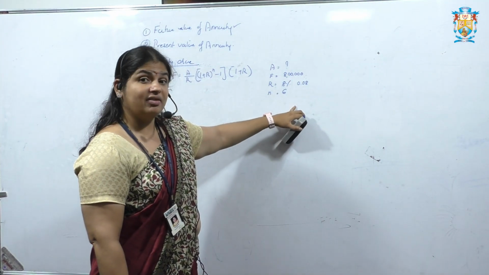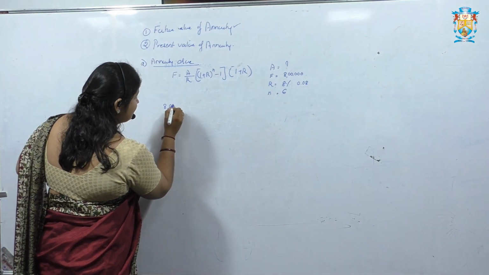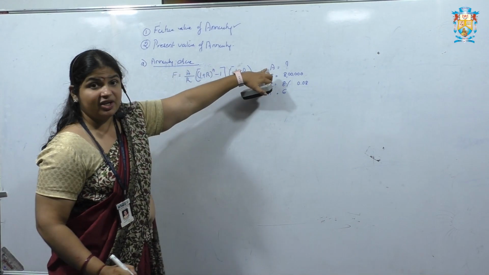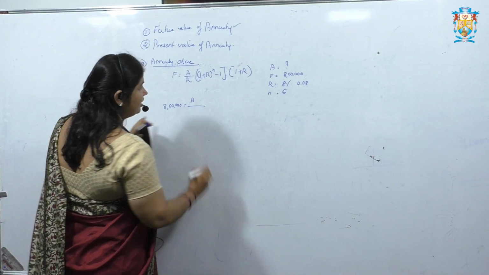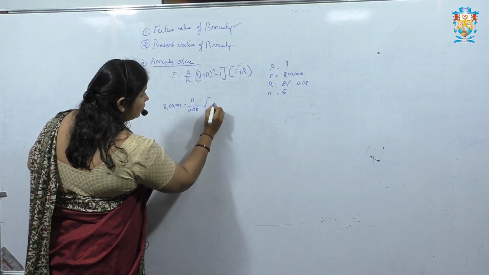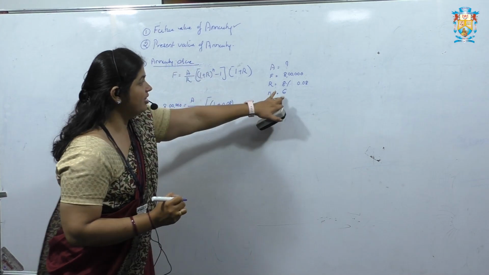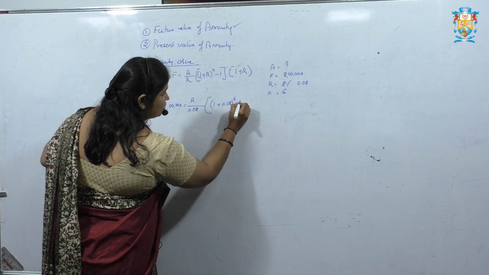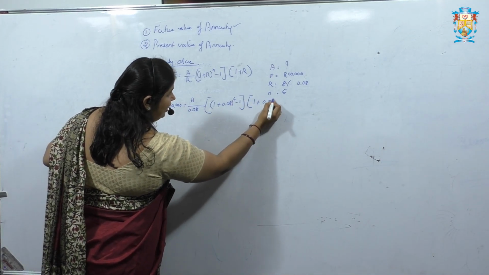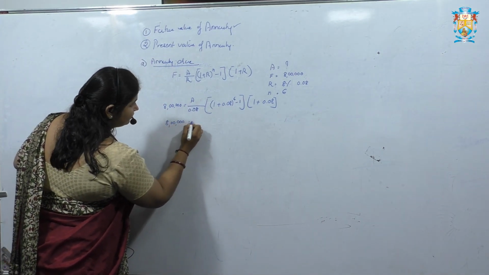These are the information given in the question. First apply the information to the formula. F is given, that is 8 lakh, equal to A. The value of A is not given; we are supposed to calculate. R is given, that is 0.08. 1 plus R, that is 1.08, whole to the power of n, here n is 6, minus 1, and 1 plus R is 1.08. Now simplify the formula.